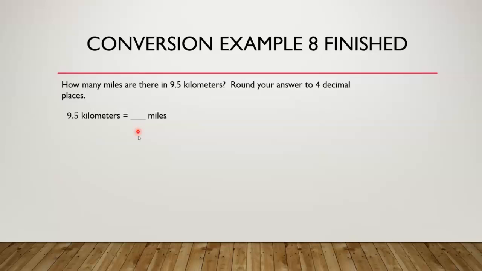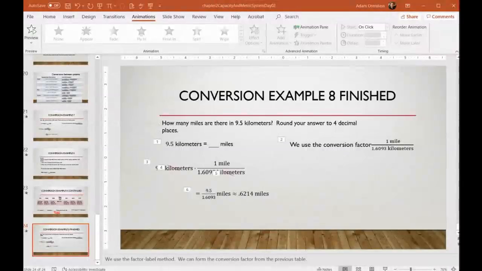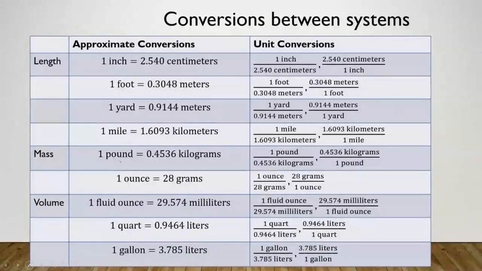Okay, so we have to use a conversion factor, right? Okay, let me hold on, let me just get to that table. Here we go. Right, so we have kilometers and we have miles. Okay, so we know it has to be either one of these two, right?